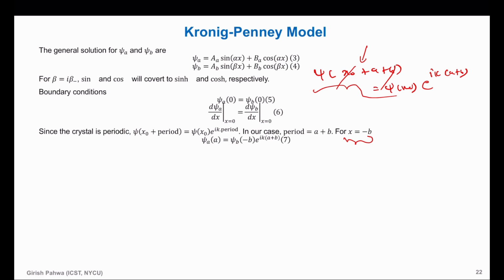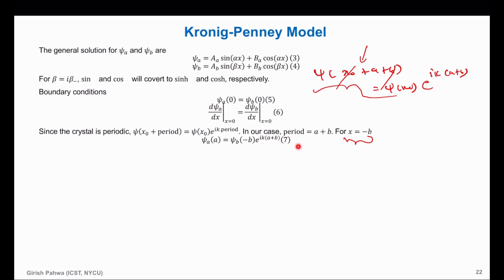So when I have psi at a, I will obviously write psi A of a, and when I'm at minus b, I will write the wave function value there, which is psi B. What's the wave function at a? It is psi A. What's the wave function at minus b? It is psi B. So that's why psi A(a) equals psi B(minus b) e to the power iota k into a plus b. Get my point? Yes? Okay.